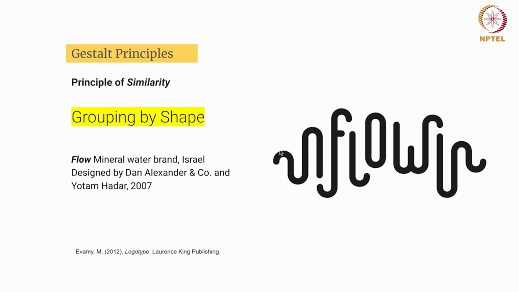Although these are not meaningful text, just an abstract representation of water flowiness, somewhere or the other you are grouping the overall logo as a whole, irrespective of the different elements, which are not legible, not readable, because these are not alphabets.